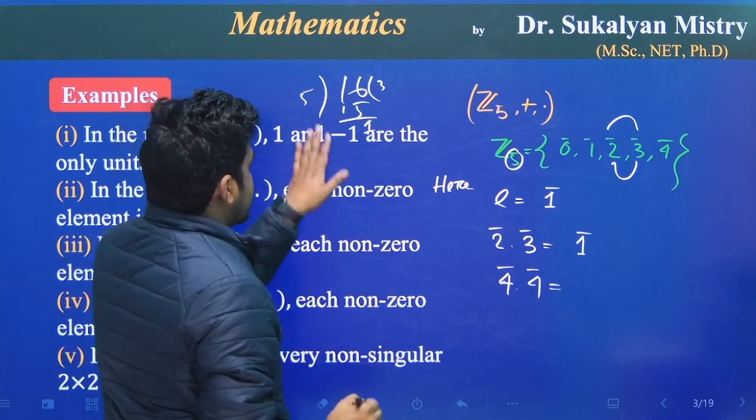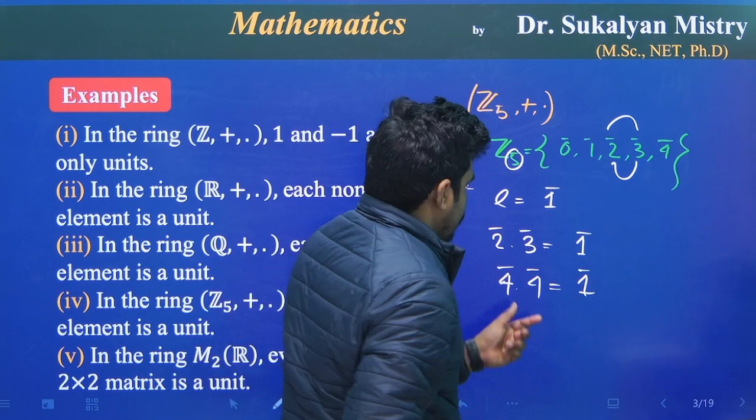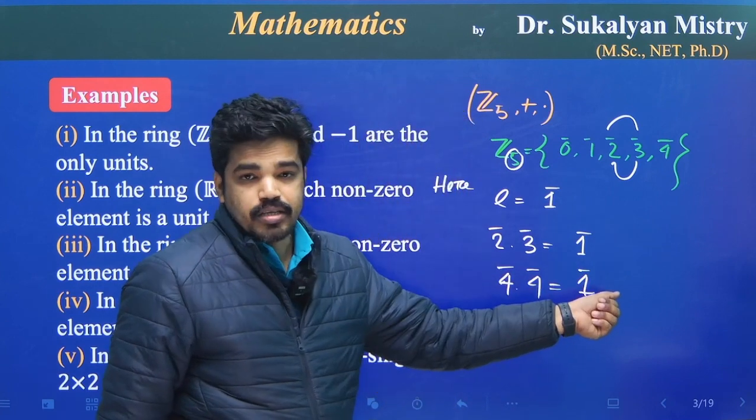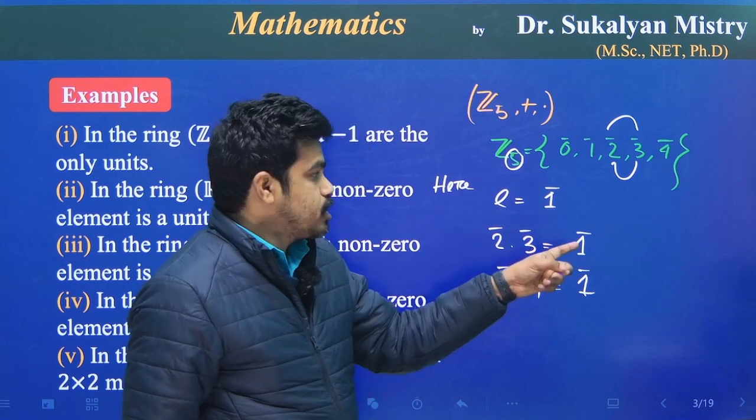The remainder is 1, right? So this is 1. That means the inverse of 4 is 4, the inverse of 2 is 3, similarly the inverse of 3 is 2.